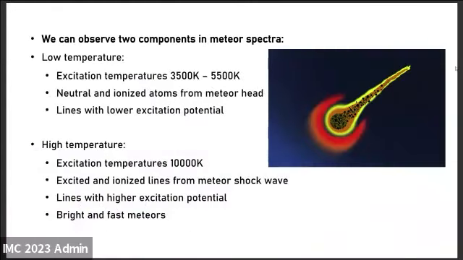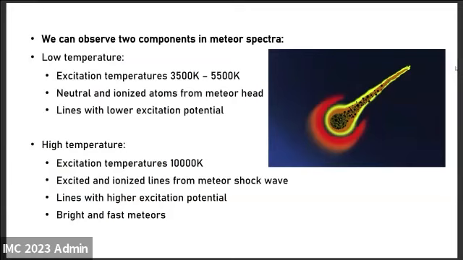As you might know, we can observe two components in meteor spectra. The so-called low temperature component consists of mostly neutral atoms and some ionized atoms. Every meteor spectrum consists of this component. But then you can also observe the so-called high temperature component.